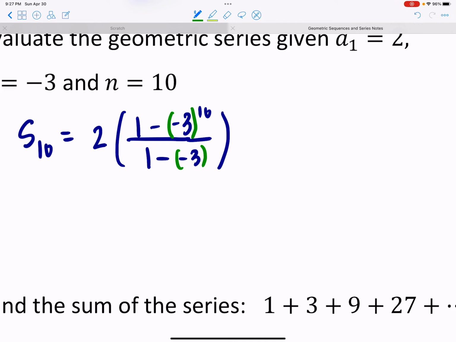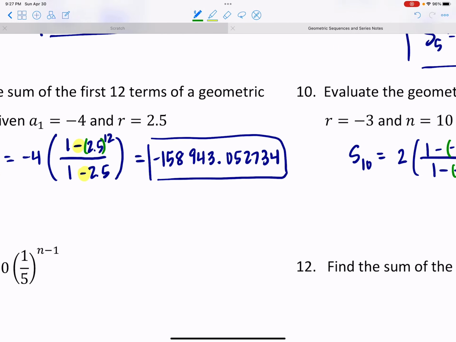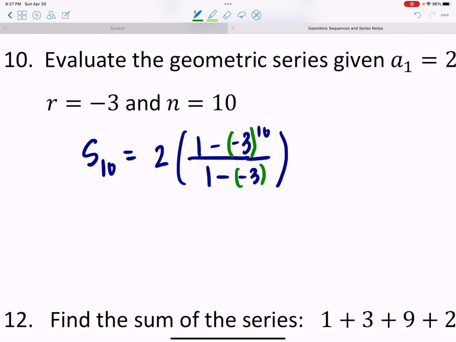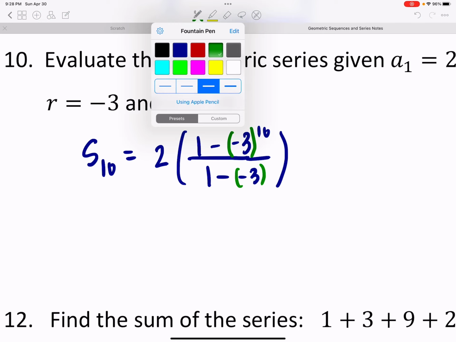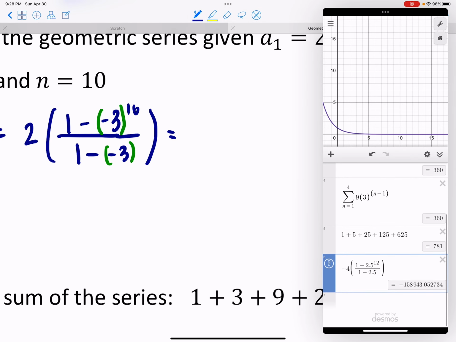So again, I did this a little sloppy, just sort of on purpose to bring this up as a talking point. But if you know what your sign is going to end up being, then don't worry about it. But use those parentheses if you want to be sure that you're telling the calculator to do the appropriate thing. I'll show you in the calculator how you're going to get different results if you don't put those parentheses.